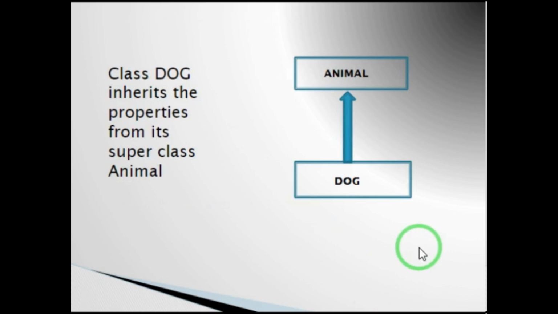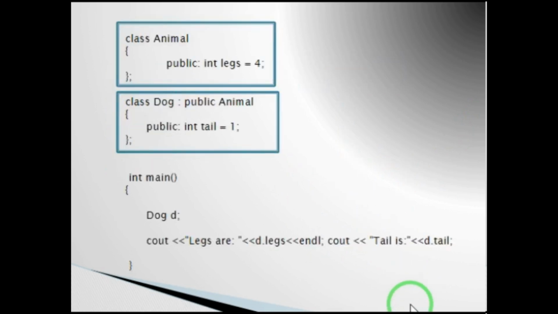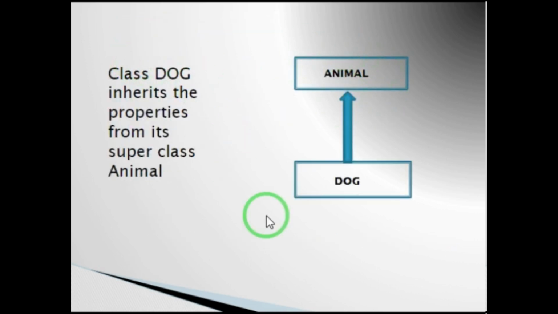See here, suppose class dog inherits the properties from animal. So in this case, animal is your base class or superclass, and dog is your derived class or subclass. Let's discuss. Suppose class animal. This is a diagram.